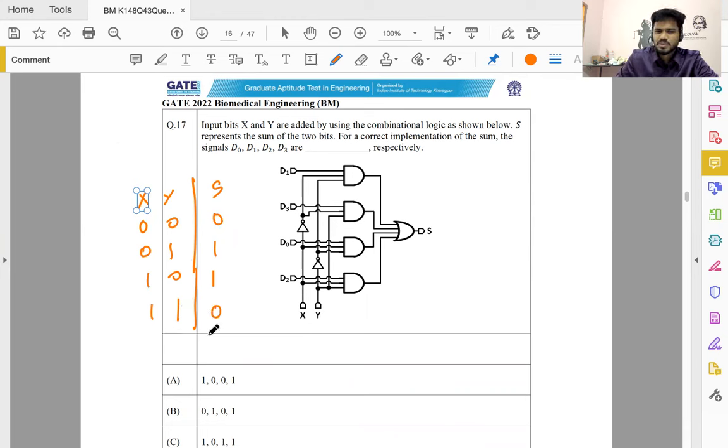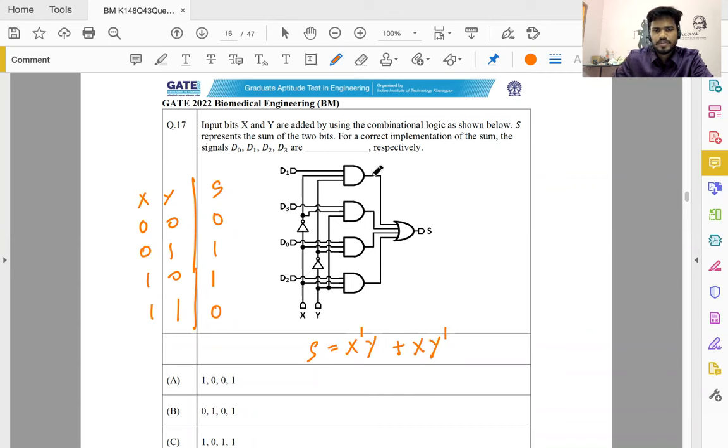So sum is 0, carry is 1. Okay. So now somehow using this, we should get this. Notice S is actually XOR. Yes, it is X' Y or X Y'.